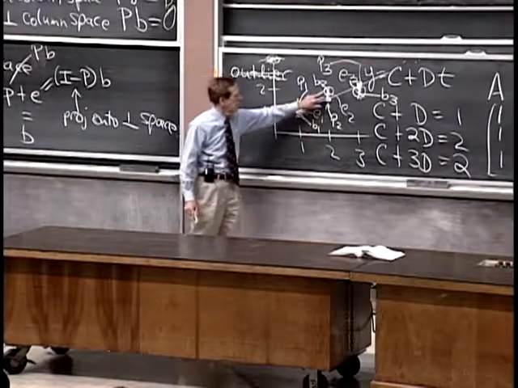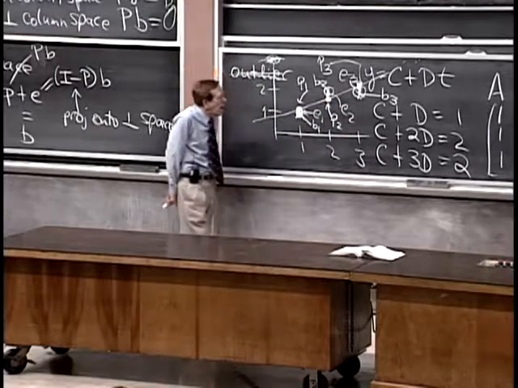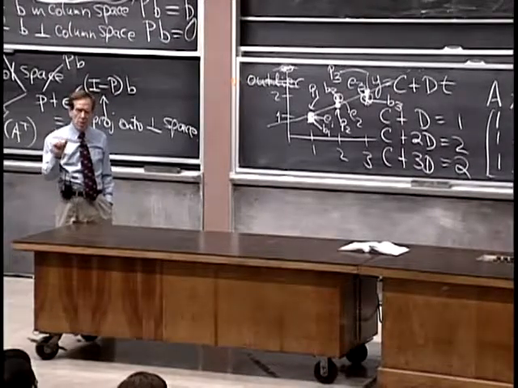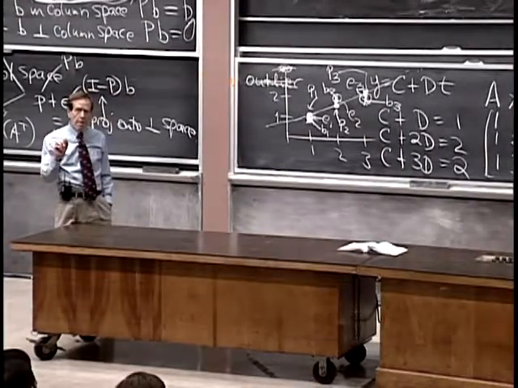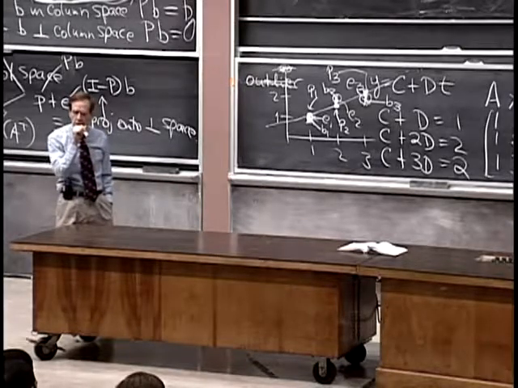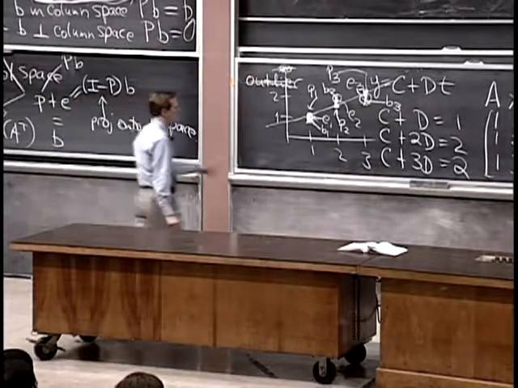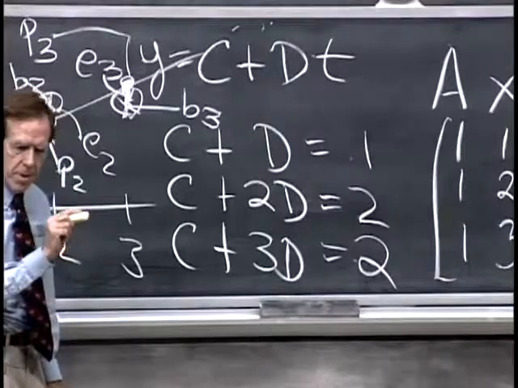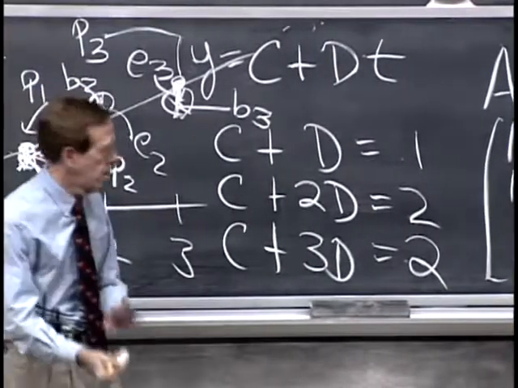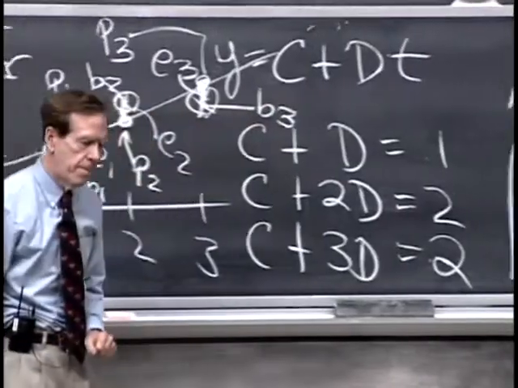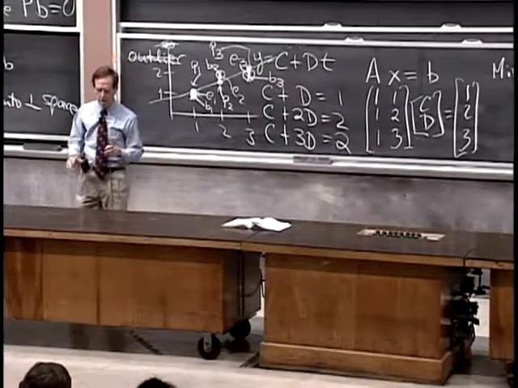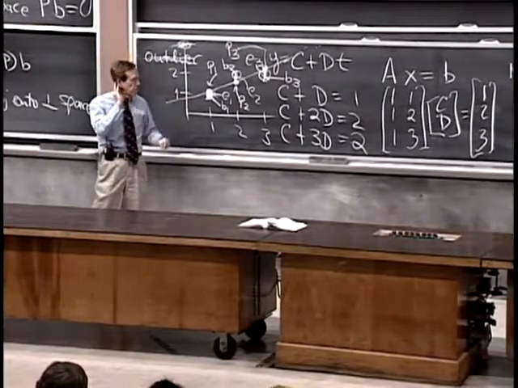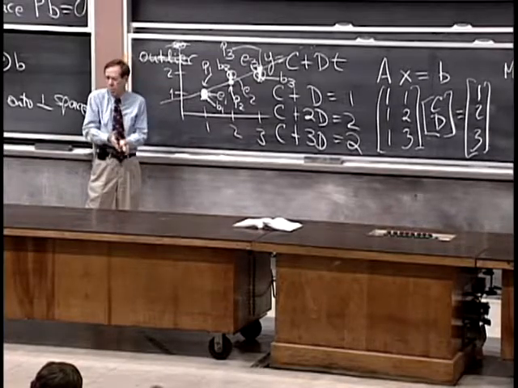And same at points 2 and 3. So what are those P's, P1, P2, P3? They lie on the line, right? They're the points which, if instead of 1, 2, 2, which were the B's, I put P1, P2, P3 in here, I'll figure out in a minute what those numbers are, but I just want to get the picture of what I'm doing. If I put P1, P2, P3 in those three equations, what would be good about the three equations?